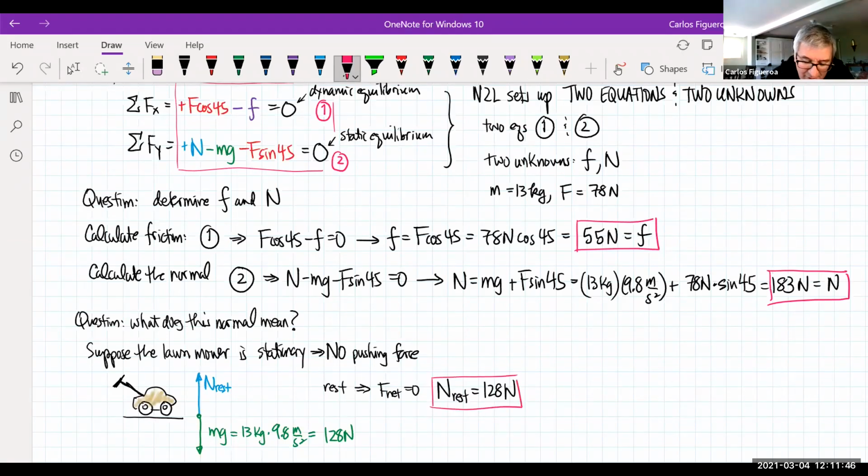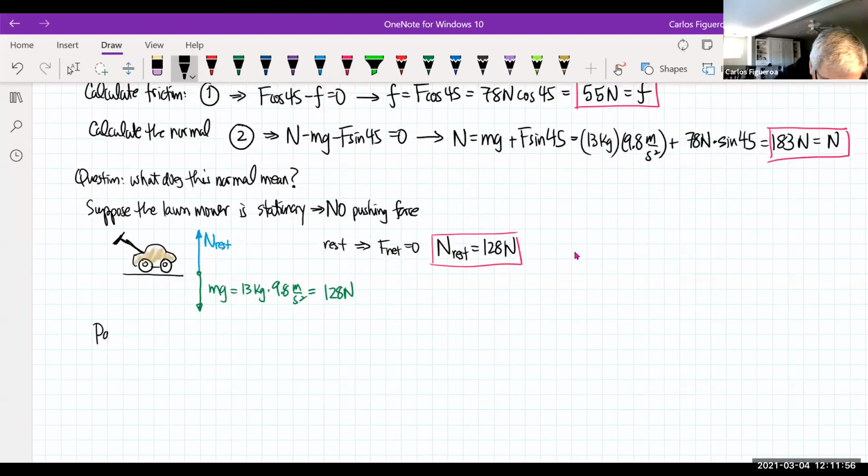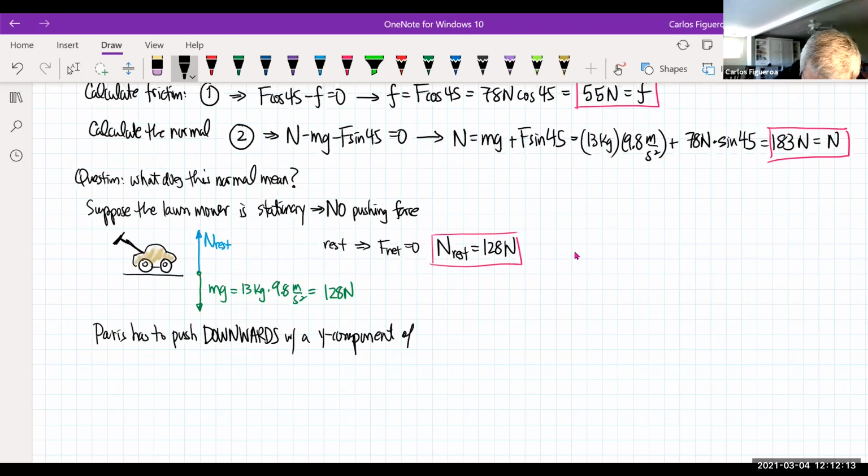But now compare this normal to the one where she's moving it at constant velocity. Paris has to push downwards with a y component of Fy.